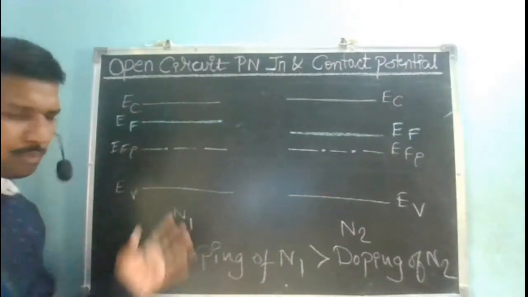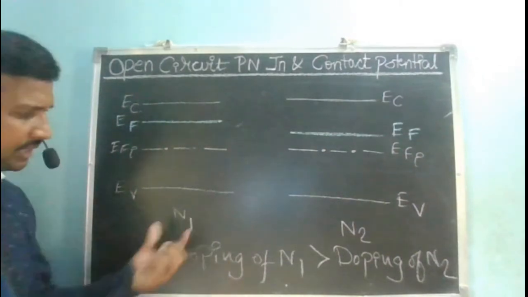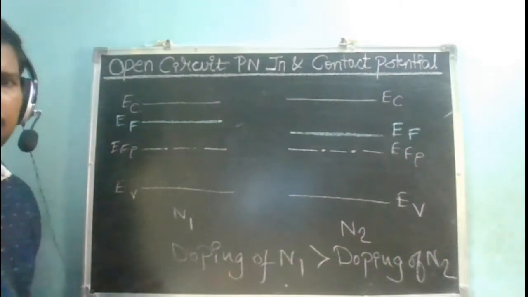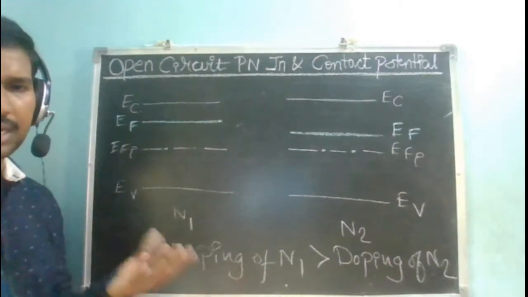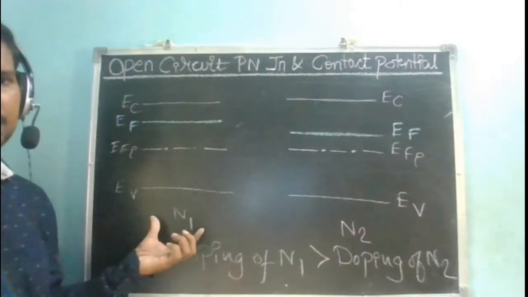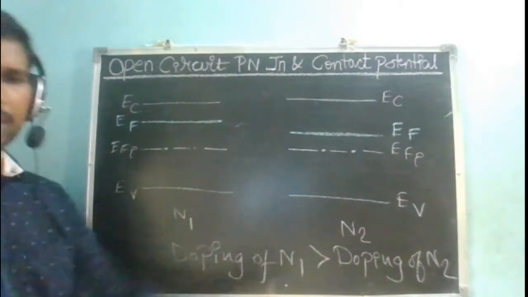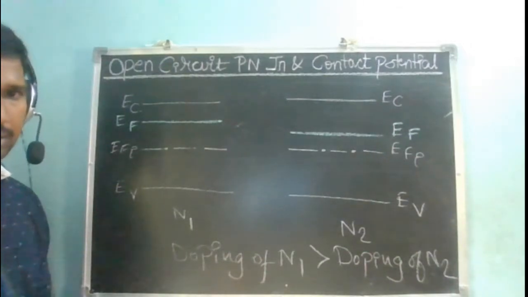Or else you have done more doping. What is the purpose? Increasing your charge carriers. In an n-type semiconductor, majority charge carriers are electrons only. So in N1 there are more electrons.